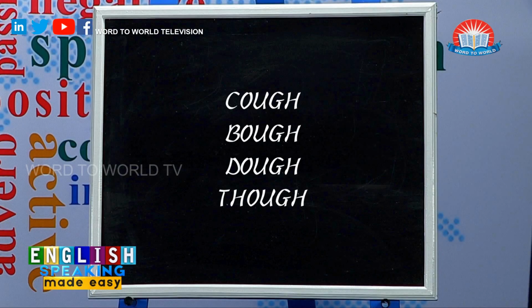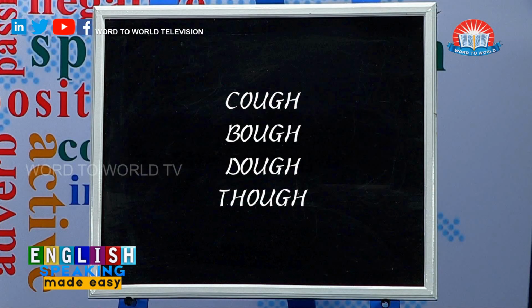The first set of 4 words I have. Look at the spelling. Just have a look at the screen and see the spellings of these words. All these words end with O, U, G, H. But just because they end with these letters, it does not mean they are all pronounced similarly.